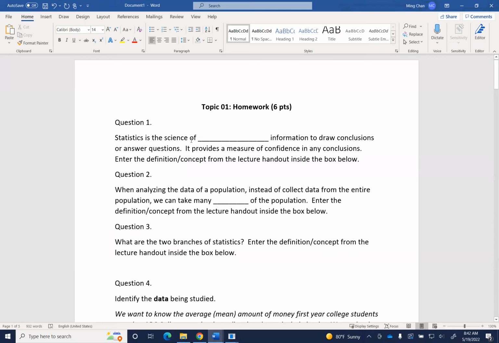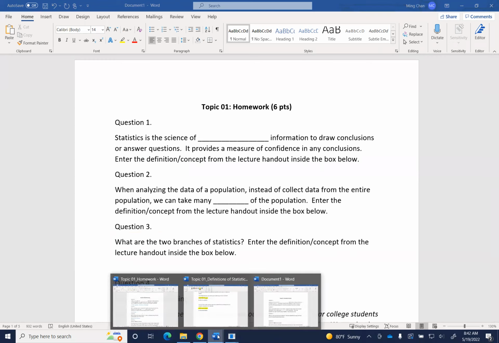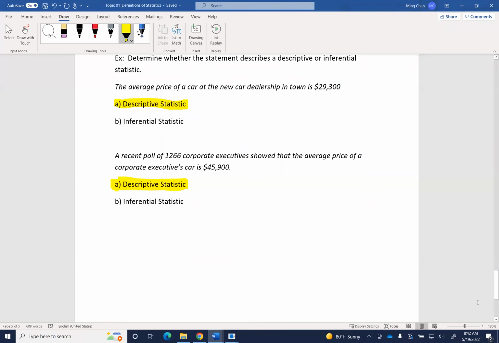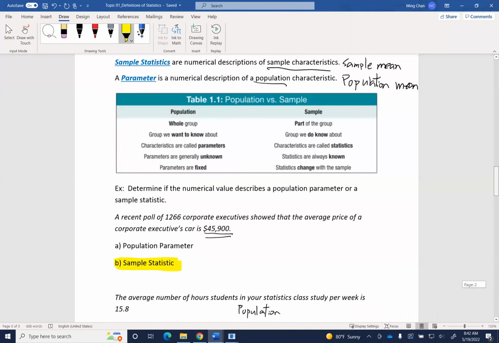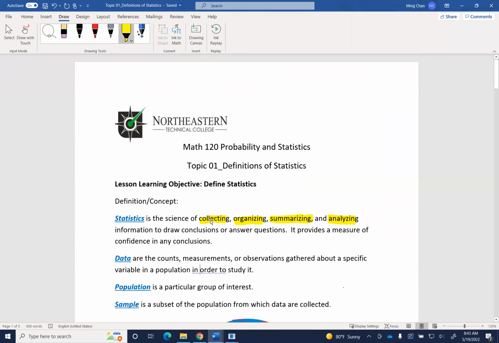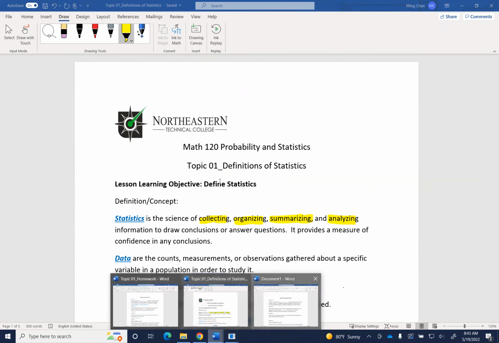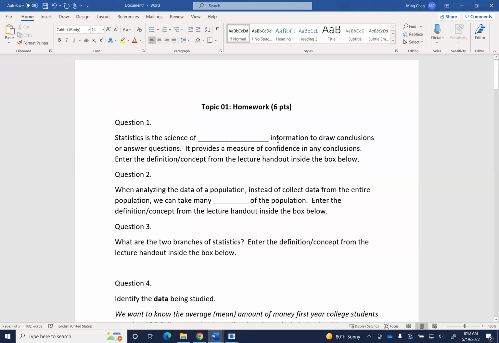Statistics is a science of, and that right there is from the lecture handout. This is the science of collecting, organizing, summarizing, and analyzing information to draw conclusions. So that would be the answer. Enter the definition of the concept from the lecture handout inside the box below. On the homework in D2L, you're going to see there's a box right below it. That's where you type in your answers.